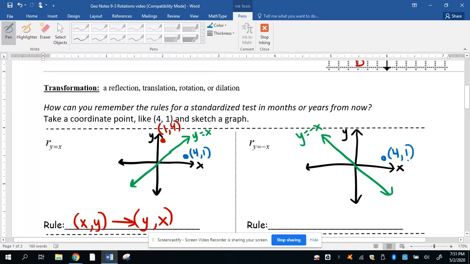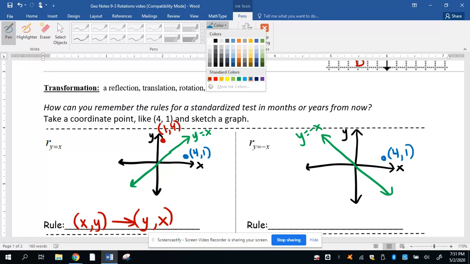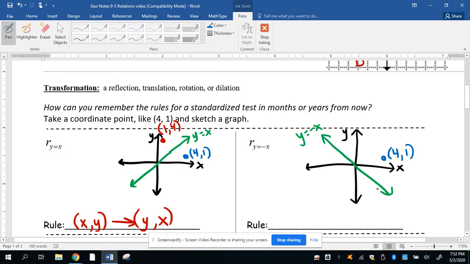It's just a random point. And if I fold my graph over the green line, then my reflection of the blue would go down here into the red, which would be left a little, down a lot. So that rule we can see is I'm switching x's and y's, and I am taking the opposite of them. Okay, so that's just a review of reflections.